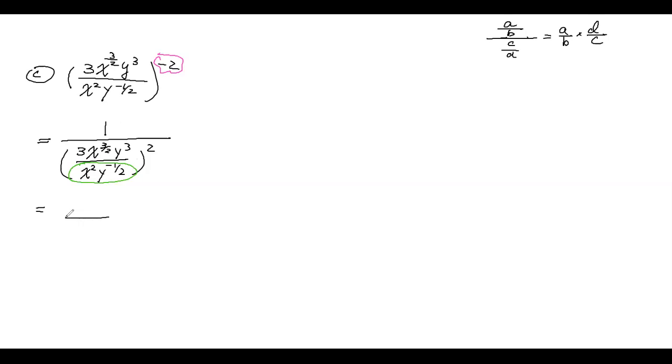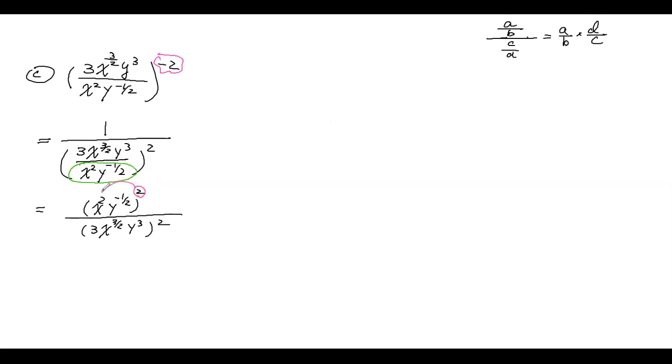Okay, so now let's see here. So this is x squared y to the negative 1/2, all squared. Then the bottom here is 3x to the 3/2, y cubed, all squared, right? So basically I simplify the fraction. Now, what is the next step we need to do?